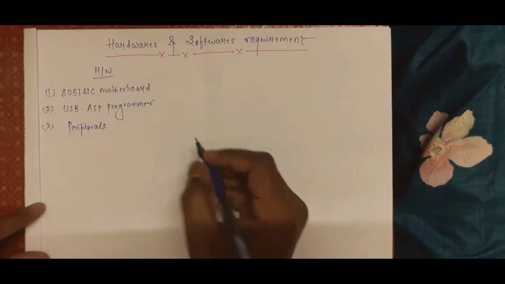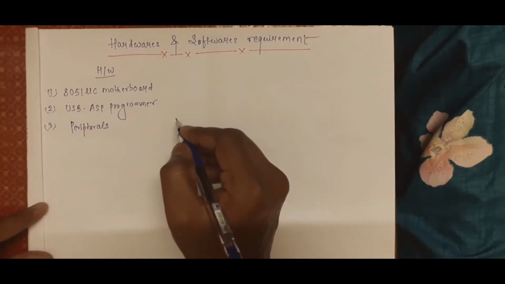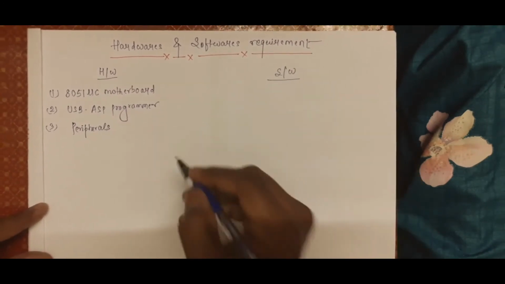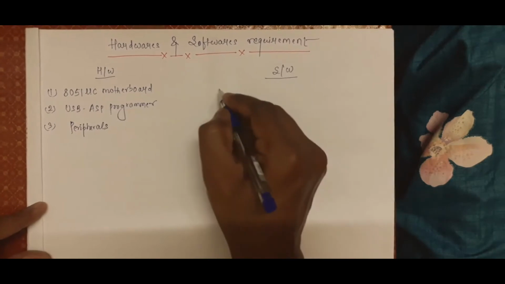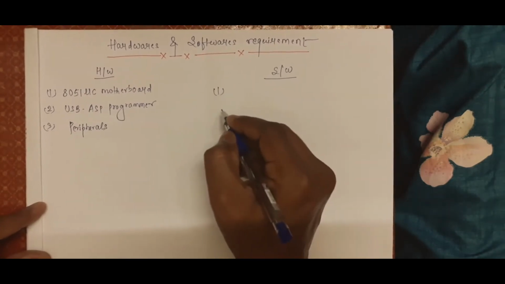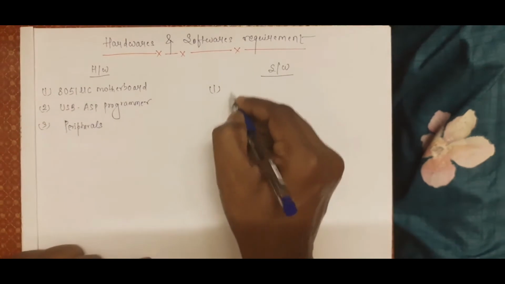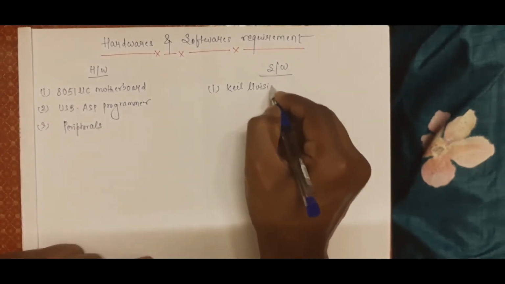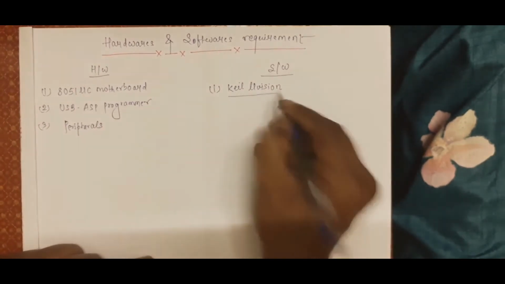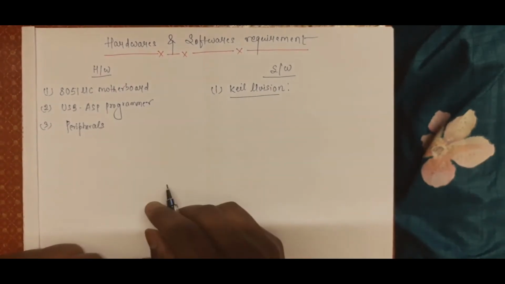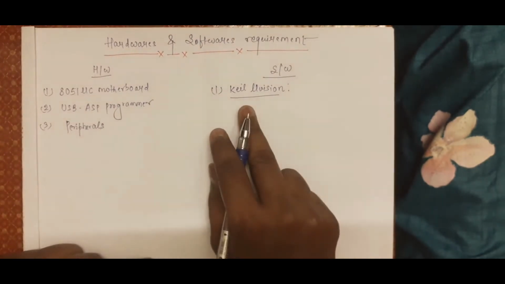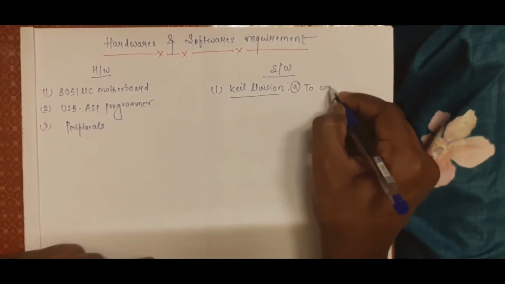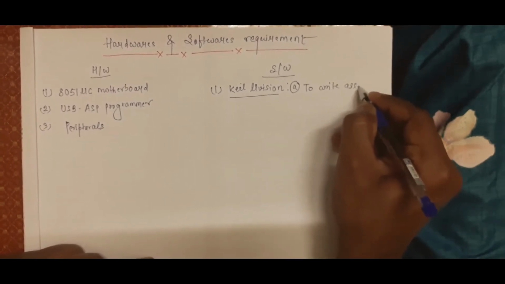Okay. Now let's discuss some of the softwares. The first software that we need is Keil Microvision. It serves three purposes. The first thing is to write assembly language program.